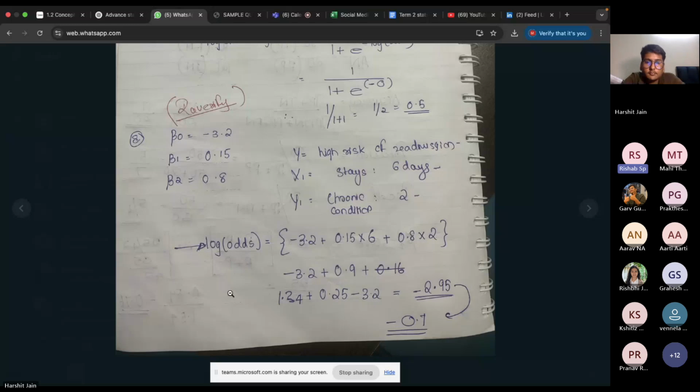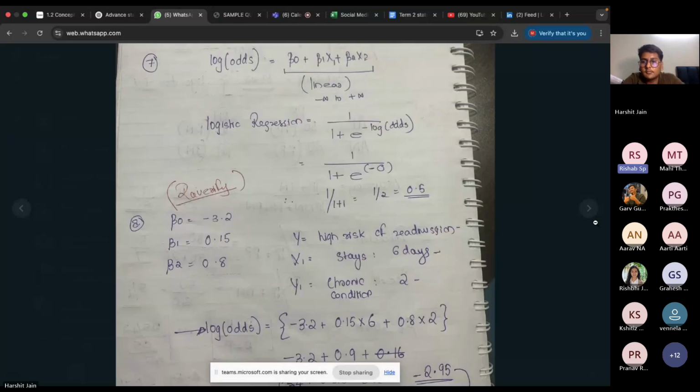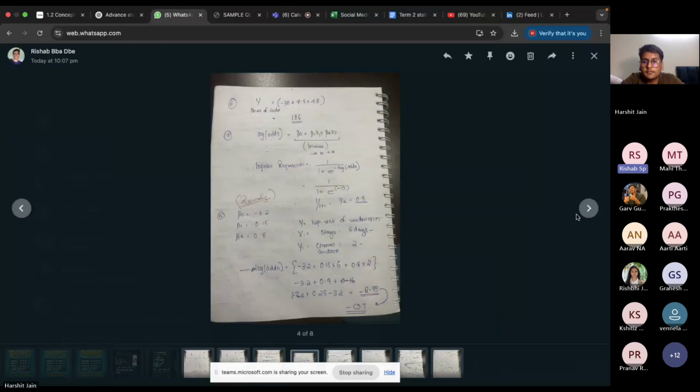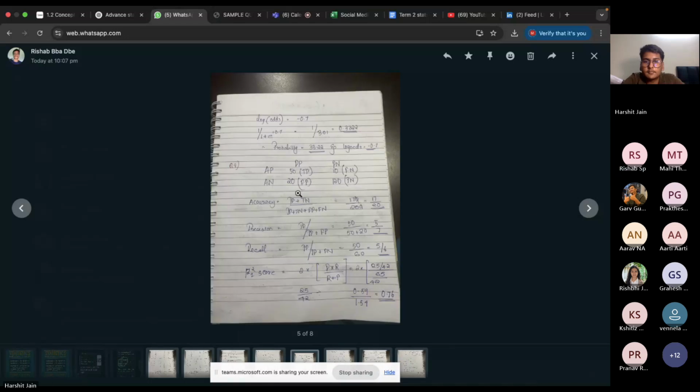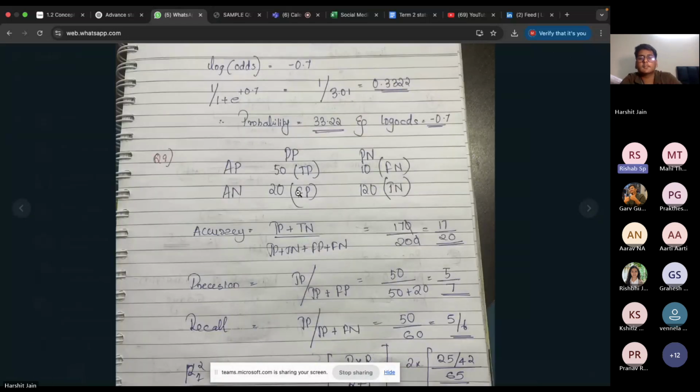Can you take the next page? This is the log odds. We got log odds as minus 0.7. From there we found the logistic regression, 1 divided by 1 plus e raised to log odds, right? Then we'll get 0.332, 33% probability.